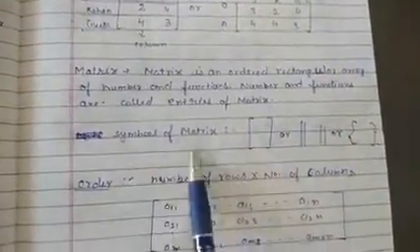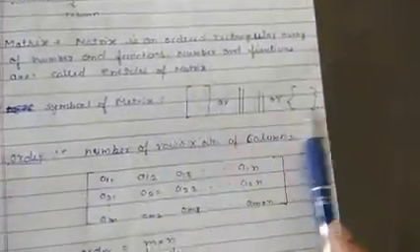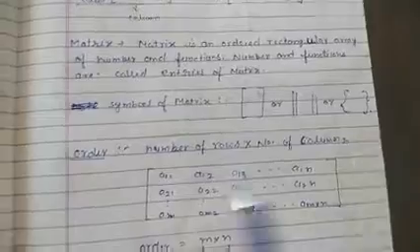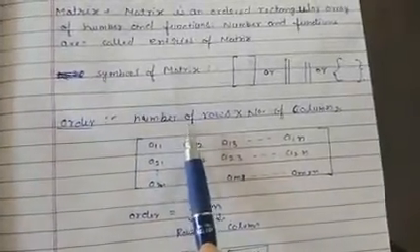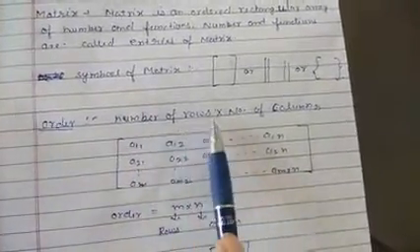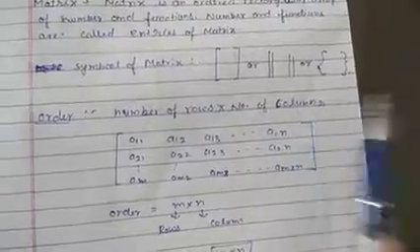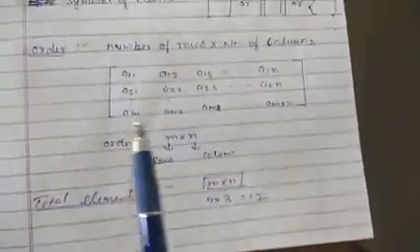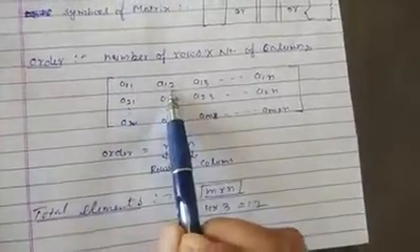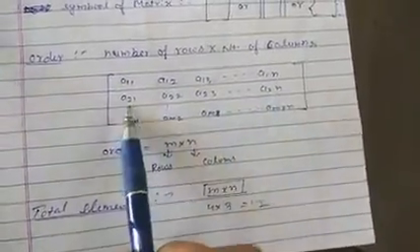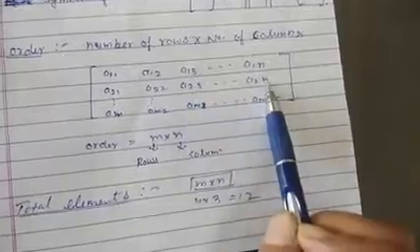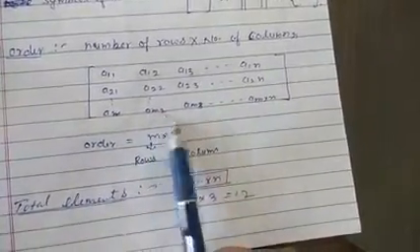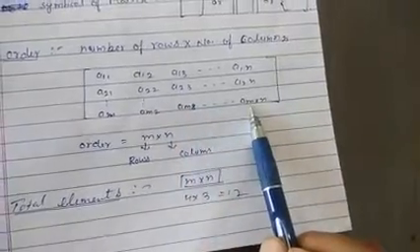So the symbol of the matrices: see, these are the symbols of the matrices. The order is the number of rows and number of columns. The general representation of the matrix: A11, A12, A13, A14, A21, A22, A23, A2n, AM1, AM2, AM3, AMN.